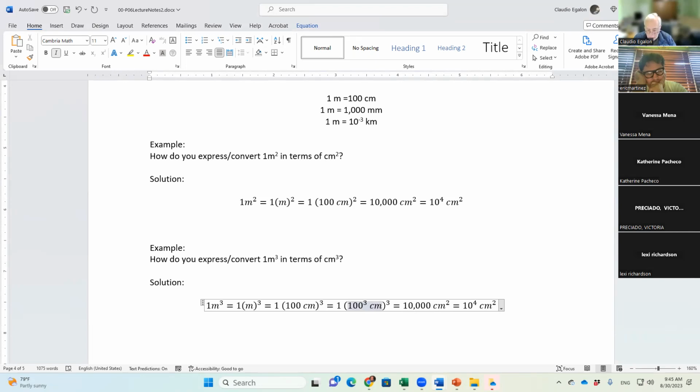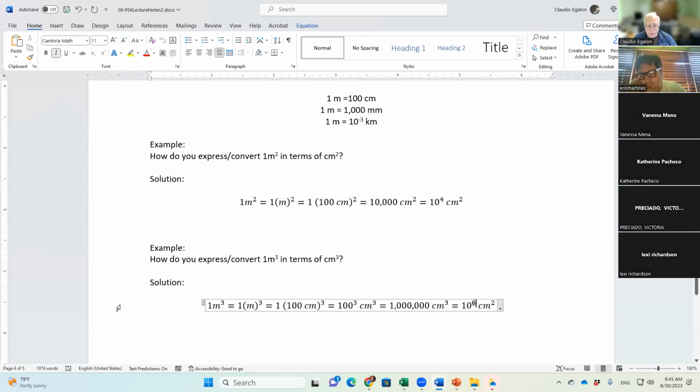I'm going to distribute the cube inside the parentheses. Here you go. And now, what do I have to do here? I have to add 2 more zeros, and I adjusted the comma there in the numbers. And what does that mean? 10 to the 6th power.